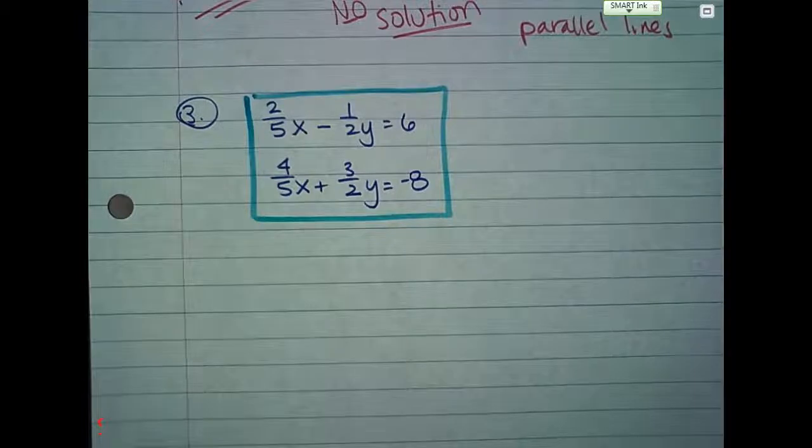Two ways of looking at this. What can I multiply my top row by to cancel the y's? If I want to cancel the y's, I multiply it by what? 3. If I wanted to cancel the x's, what would you multiply by? Negative 2. Another option is to get rid of your fractions.